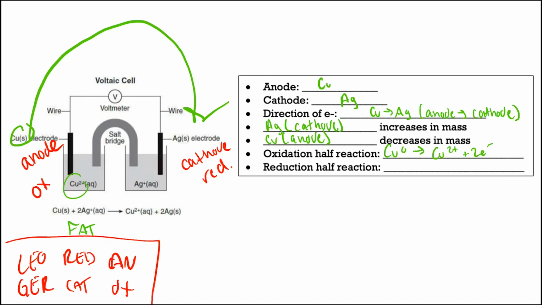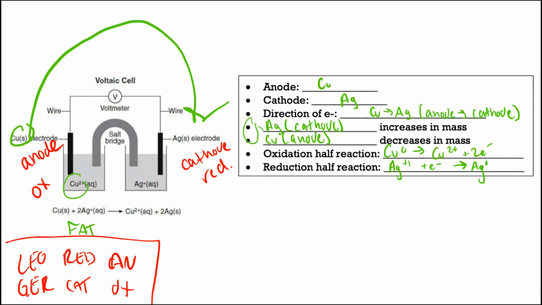So we have 2 electrons to cancel out the +2 copper charge. Then reduction looks like Ag+ plus an electron gives you Ag(s). And that's all these questions are asking. The only thing new that we've added today was the increase and decrease in mass.